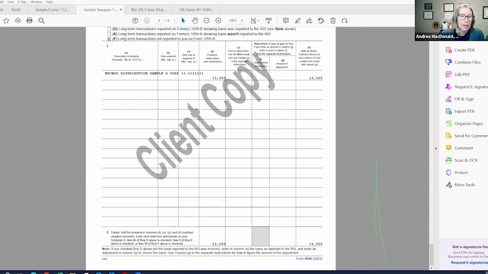So as long as it's not prohibited activities, then it can be reported on the S-Corp, because that's not really assignment of income. That is money that was paid to the S-Corp correctly for services or goods sold by the S-Corp. That would be accurate reporting.